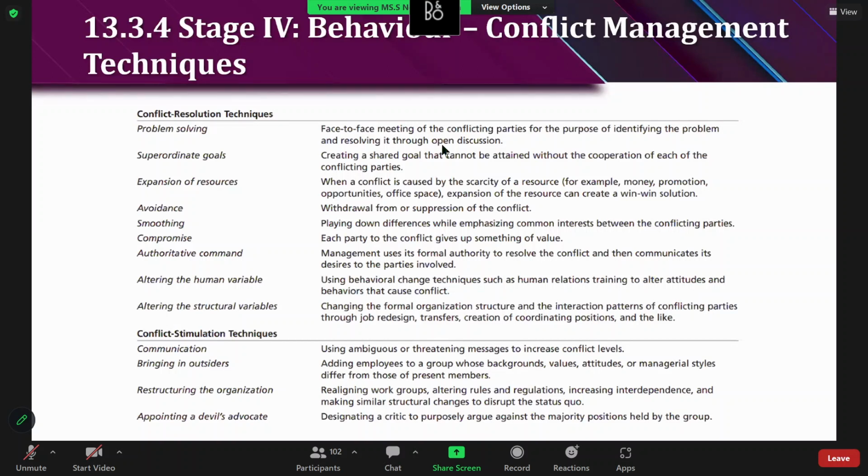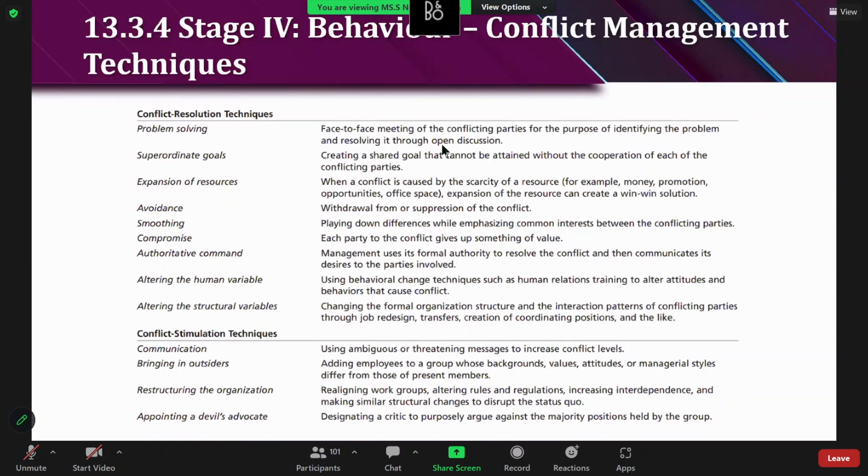Sometimes avoidance, withdrawal from or suspension of the conflict, like not engaging in any argument or discussion. One party can simply withdraw from the conflict. Then smoothing: playing down differences, emphasizing the common interests between the parties, giving up certain conflicting interests. Then compromise: each party to the conflict gives up something of value.